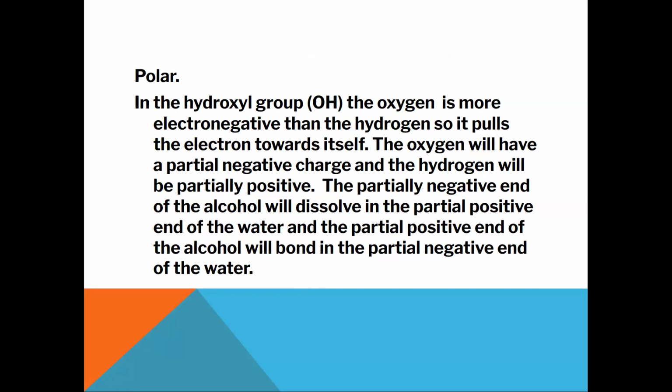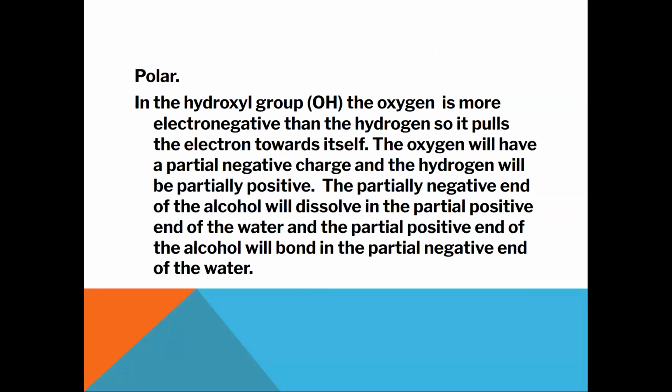So the hydroxyl group, the OH, is more electronegative than hydrogen, so it pulls the electron towards itself. The oxygen will have a slightly negative charge and the hydrogen a slightly positive charge, or partially positive charge. The partial negative end of the alcohol will dissolve in the partial positive end of the water, and the partial positive end of the alcohol will bond.